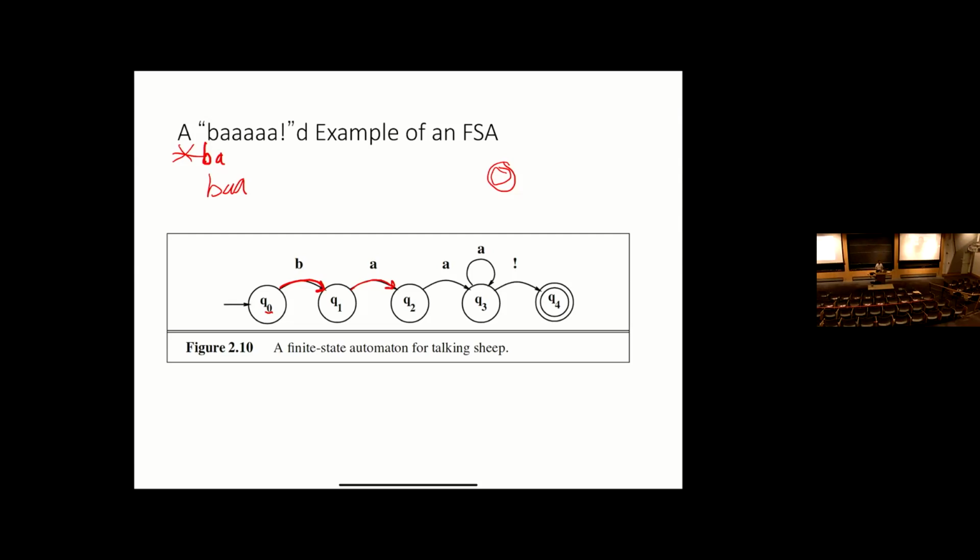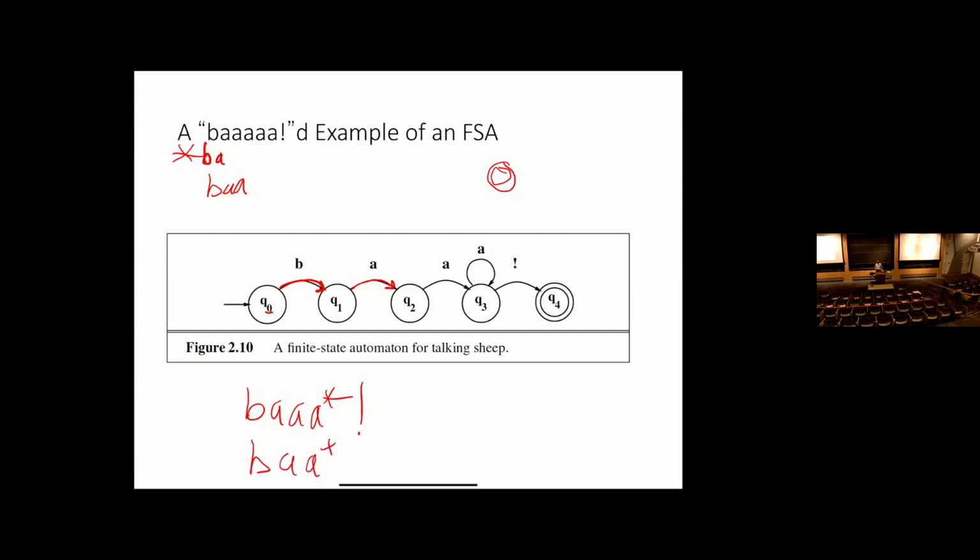So Yoshin says B, A star, exclamation point. That's right. So another way of saying this is B, plus.